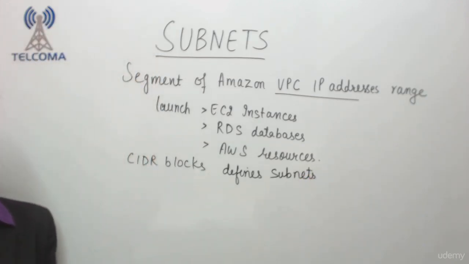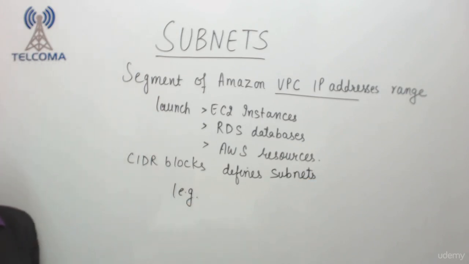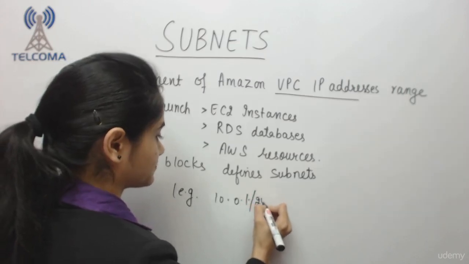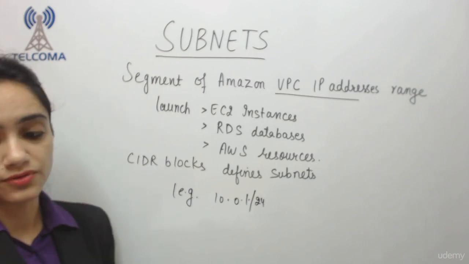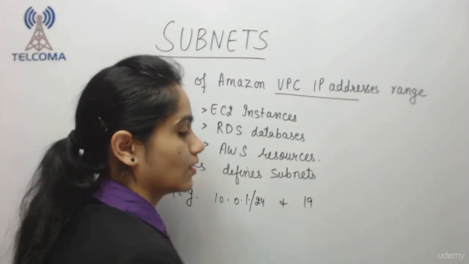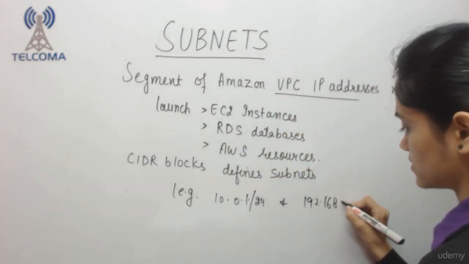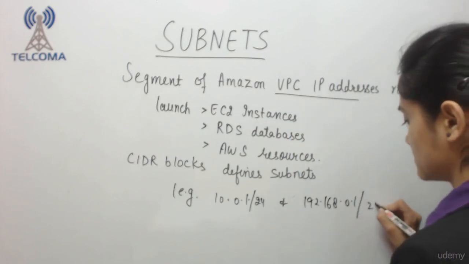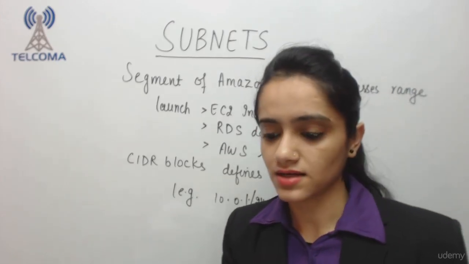For example, if we need to define a subnet, we can use 10.0.1.24, or we can use 192.168.0. Like this, in CIDR blocks, we can specify our subnet.